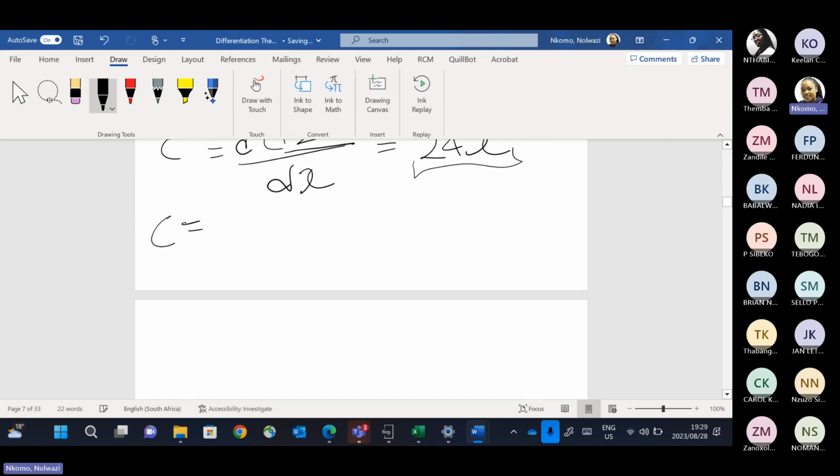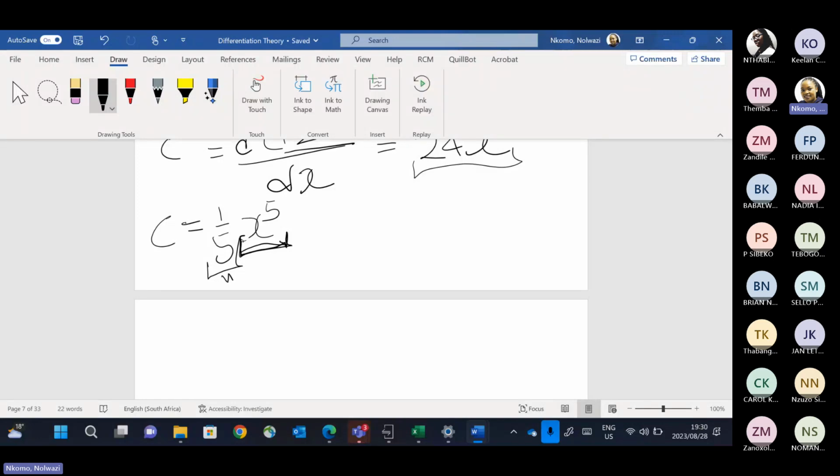C is equal to 1/5x to the power 5. Meaning we need to apply the power rule here, and again, the derivative of a constant is 0. Let me do it like this.